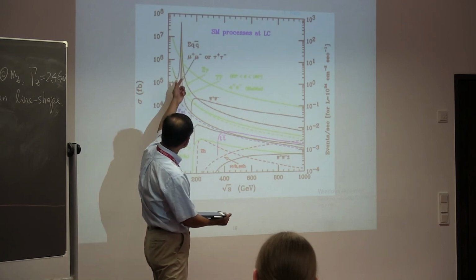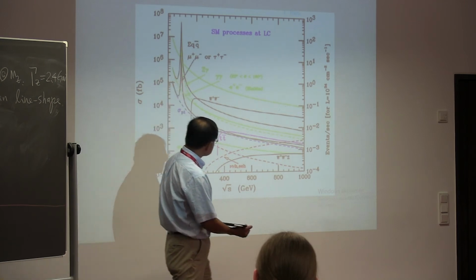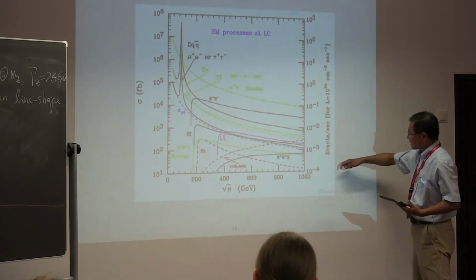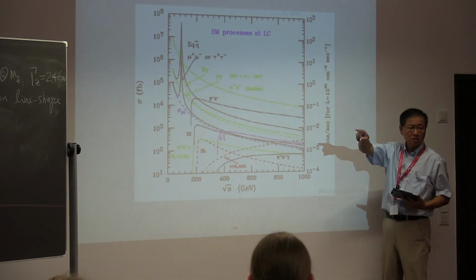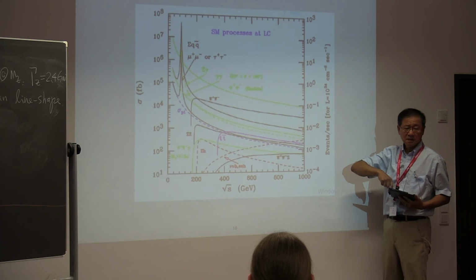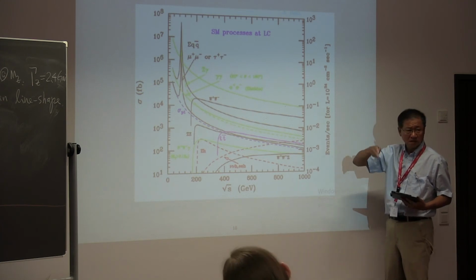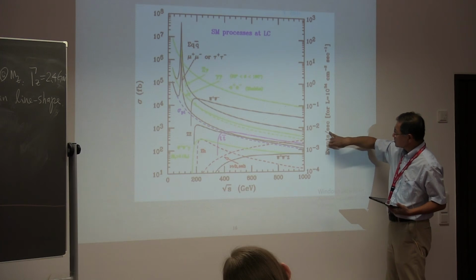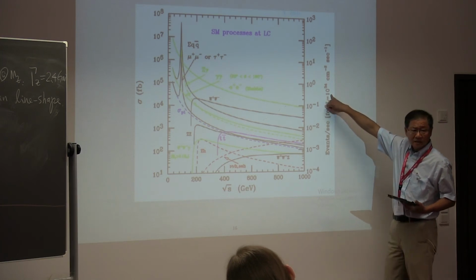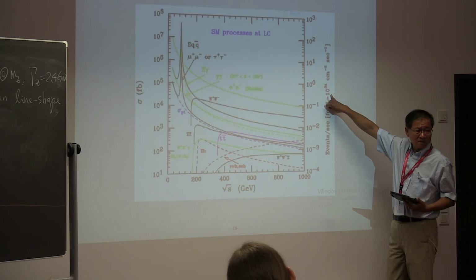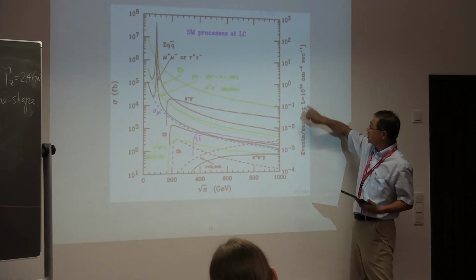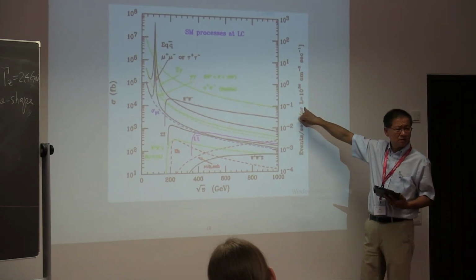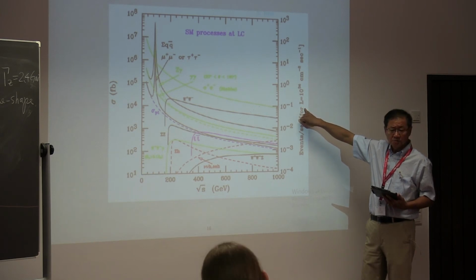You can see at the resonance, the cross-section rate is huge. Here on the other side of the vertical axis, I rescale that cross-section by multiplying by L, the luminosity, to give you the event rate, assuming it's just constant, a delta function delivery. This is the number of events per second for the ILC future linear collider design luminosity, which is rather high, 10^34-ish per centimeter squared per second, which corresponds to, remember my scale, 10^33 is 100 inverse femtobarn per year.